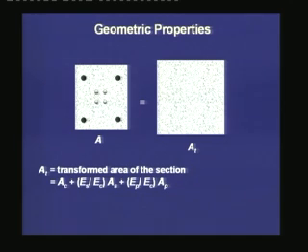Another geometric property that we shall use is the transformed section, when the reinforcement and the prestressed tendons are transformed to equivalent areas of concrete, and we add that to the remaining part of the concrete. The total transformed area is represented as AT, and AT is equal to AC plus the modular ratio times AS plus the modular ratio of the prestressing tendons times AP.